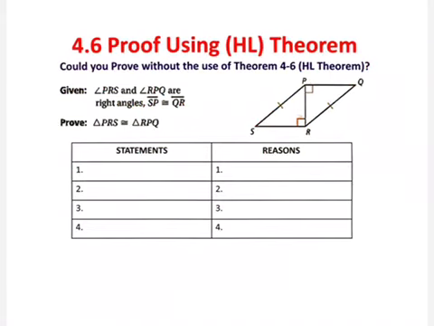Here we're introduced to our first proof. Given that angles PRS and RPQ are right angles, and we're also given that SP is congruent to QR. So with most of the proofs we do, we start with our given. So angle PRS and angle RPQ are right angles.